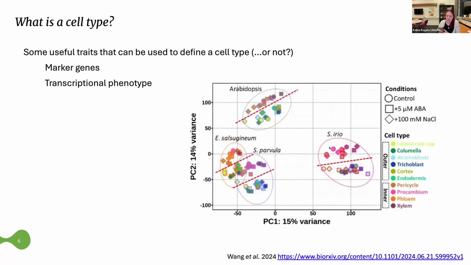So this is a recent preprint that I really liked, where they carried out single cell sequencing of 4 different Brassicaceae species, some of them extremophiles. And here's a really cool example of how the cellular transcriptomes cluster within the species. The transcriptomes of plants actually evolve really quickly compared to, for example, if you compare flowering plants and mammals.